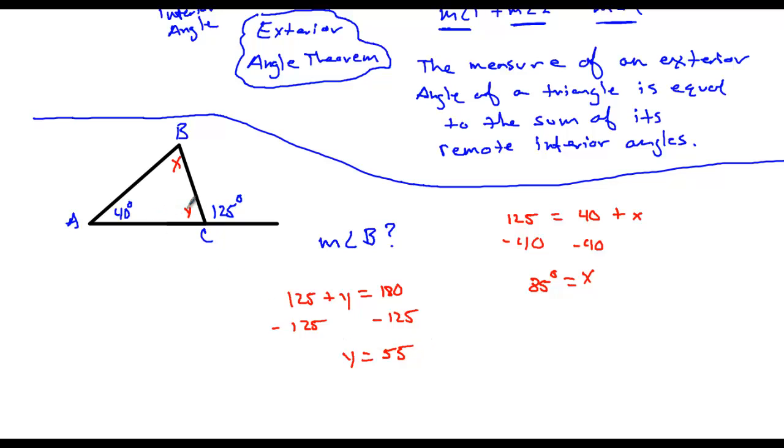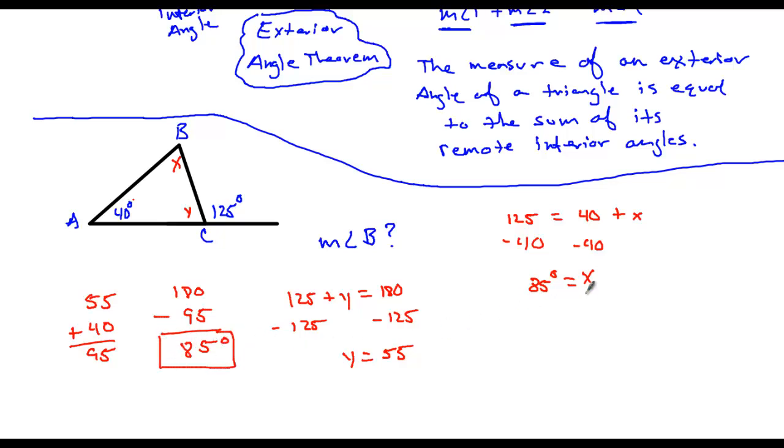So that means that this angle right here is 55. Well, 55 plus 40 is 95. So that means these two add up to 95, and I know the whole thing has to be 180. 180 minus 95 is 85.